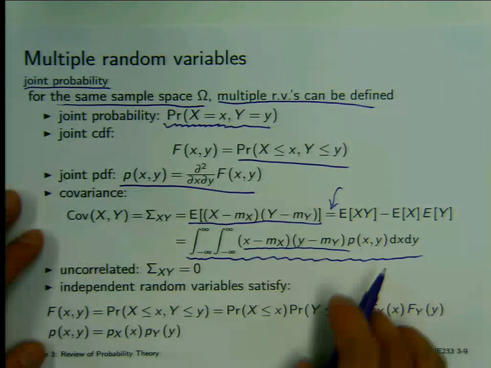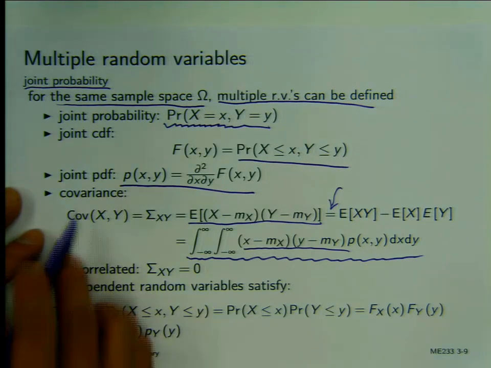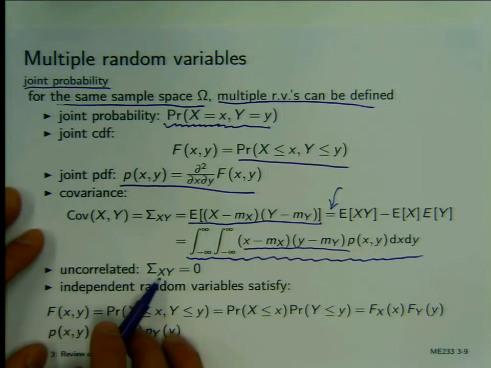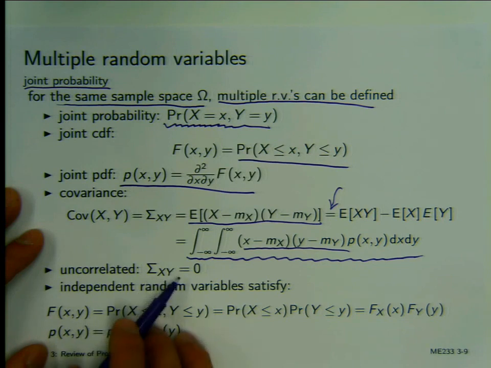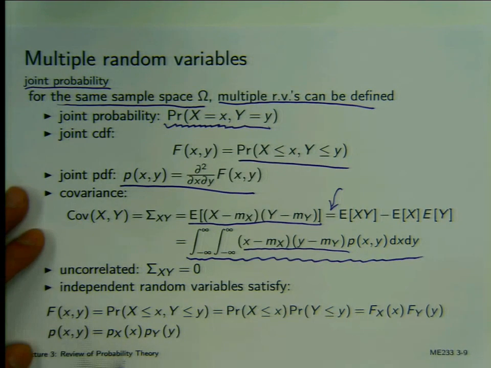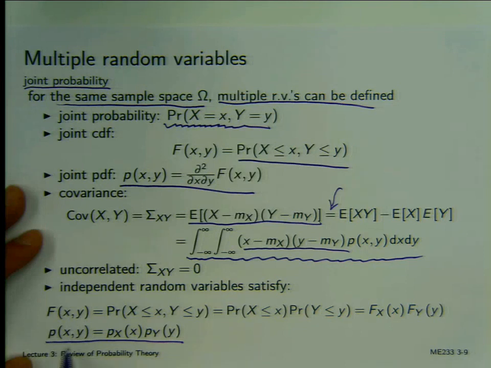So from the covariance definition, if the covariance of two random variables is zero, then we say the two random variables are uncorrelated, okay? Independent, we mentioned from the central limit theorem. Two independent random variables satisfy this. Basically it's saying they live in different worlds.